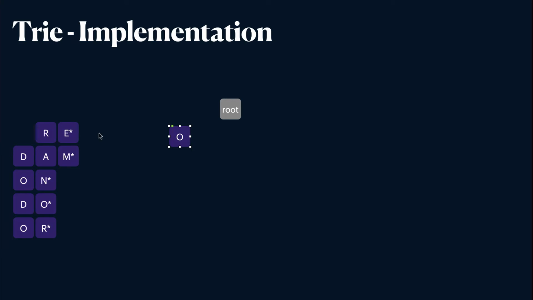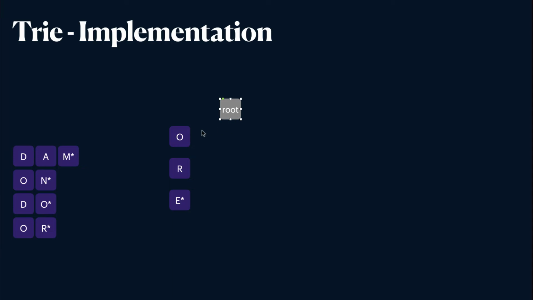Then we are working with O, our current node, and we check if there is a child R of O. There are no children, so we just create a child R. Same with R, we check if there is a child E. There is no child, so we create this node, and now we have a branch which completely describes the word or. Cool, let's take another word, damn.